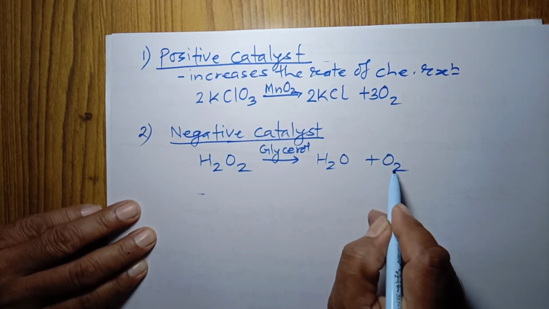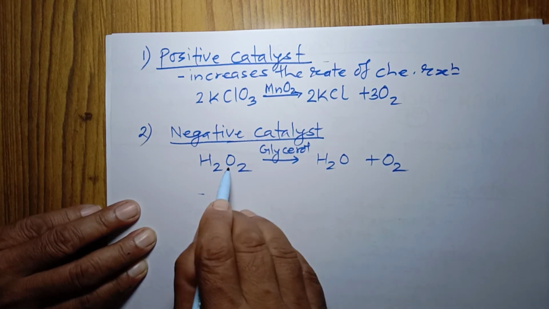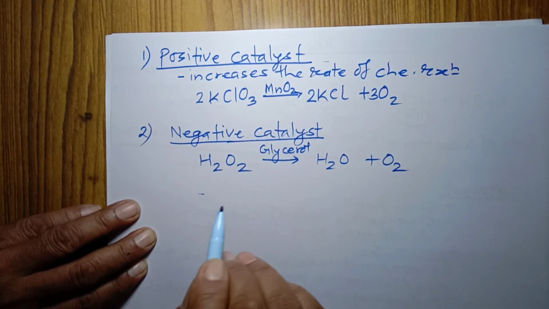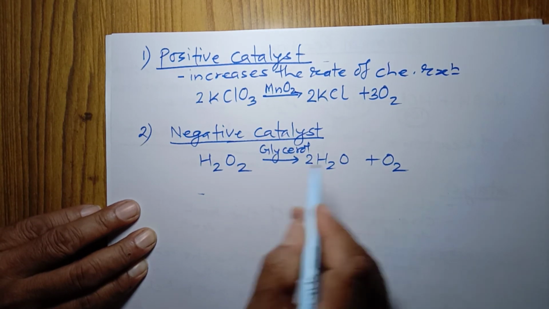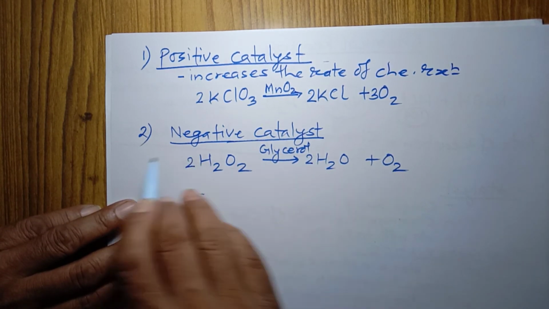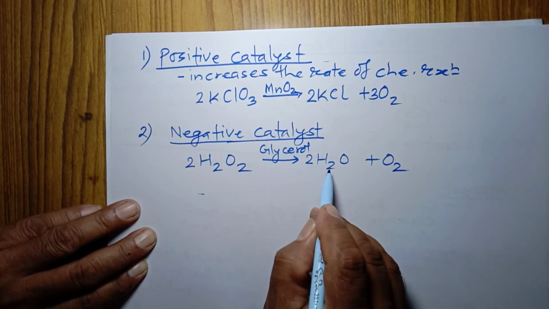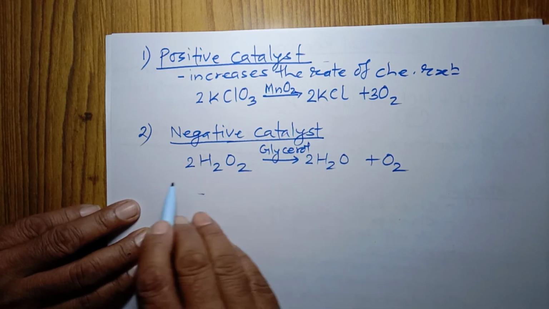We can balance this with oxygen 2 and 1. Here it is 2; on the right-hand side it is an odd number, so we can convert this into an even number. 2 plus 2 is 4. If we take 2 here, the oxygen is balanced. Hydrogen 2 times 2 is 4, 4. Now, what is a negative catalyst?